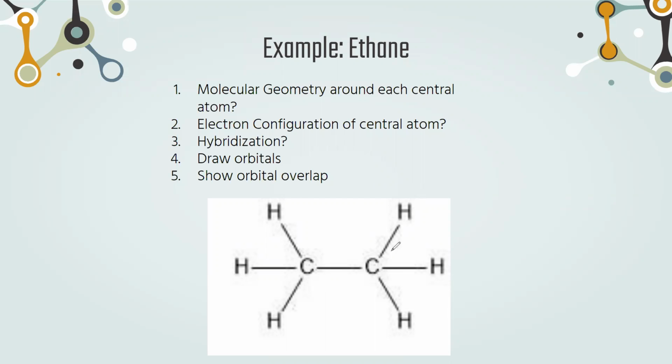So our first step is to figure out our molecular geometry around each central atom. In this case, there are two central atoms, each with their own unique geometry. So if we were to cover up half of this molecule and pretend that the stuff on the right doesn't exist, if we counted how many things are bonded to this carbon, we would get 1, 2, 3, 4 things overall bonded to that carbon. Okay, which means that that carbon on the left has a tetrahedral geometry, right?